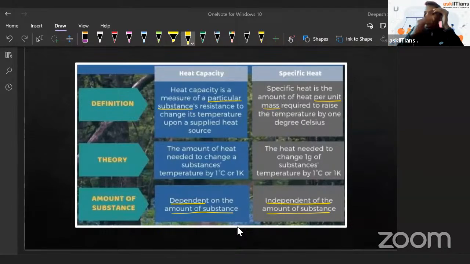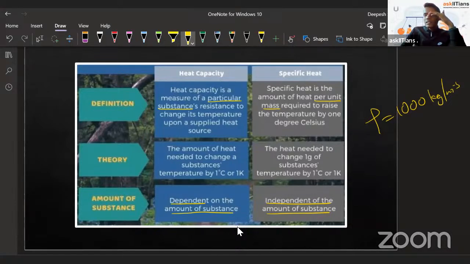That is, if I define specific heat for water, you can use it anywhere you want, whenever there is a question related to water, because it is kind of like a density. When I say the density of water, it's 1000 kg per meter cube. If you want to use this density for seawater or normal water, although there will be a small difference, you know that water is water.